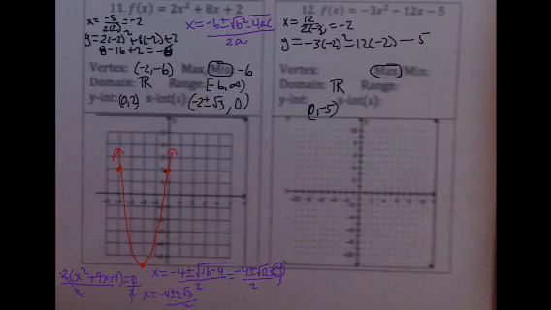So that gives me 4 times negative 3, that's negative 12, plus 24 minus 5. So that's 12 minus 5, so that gives you 7. Okay, so the vertex is negative 2, 7. So the maximum value is 7. The range, it concaves down, so the range is negative infinity to 7.